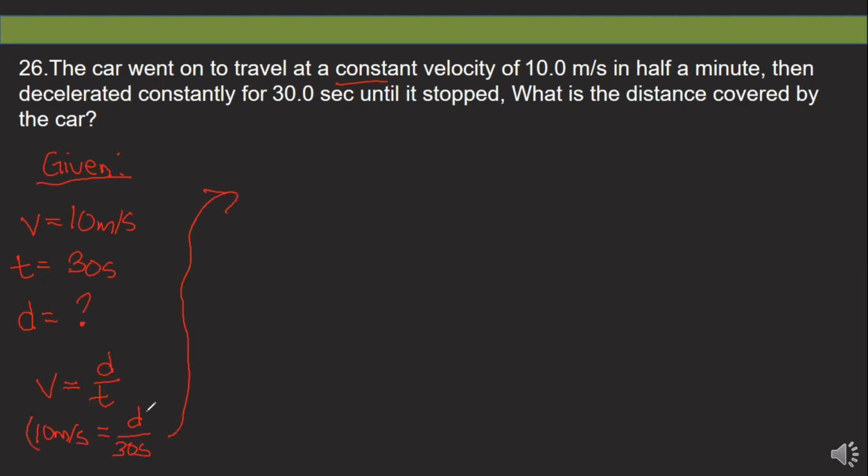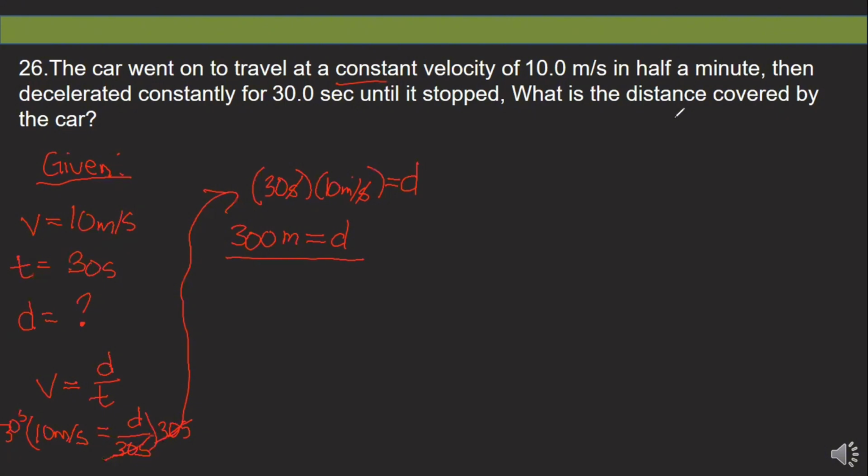The 30 seconds cancel, and we have 30 seconds times 10 meters per second is equal to d. 30 times 10 is 300. Cancel the seconds. We have 300 meters equals d. So this is now the distance covered by the car.